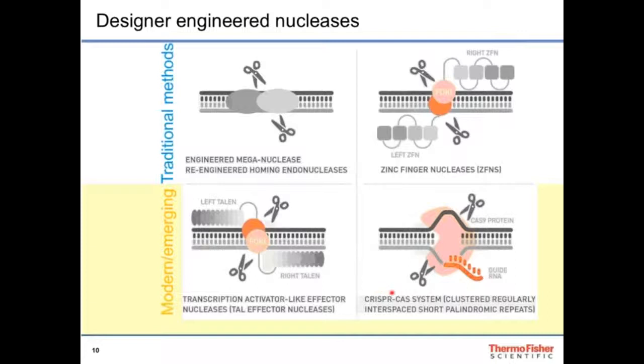In contrast, the CRISPR-Cas system consists of a nuclease that has no DNA specificity until it complexes with a small guide RNA. So this is an RNA-directed nuclease that then efficiently locates itself to the genome and creates the double-stranded break.